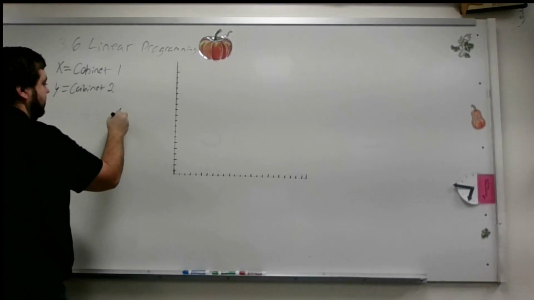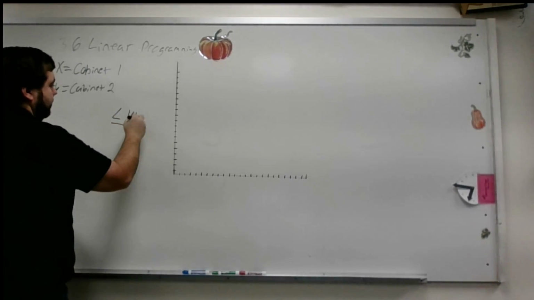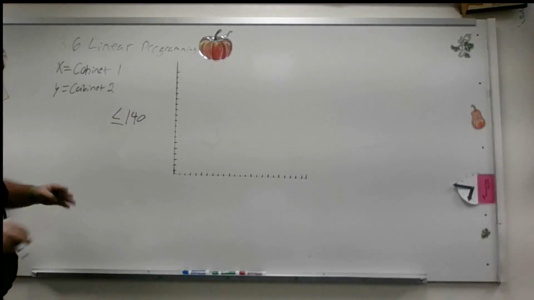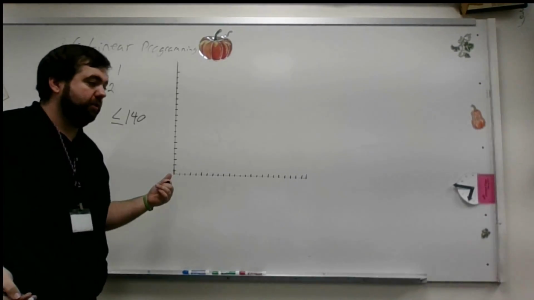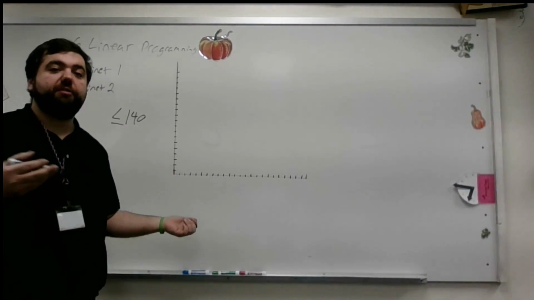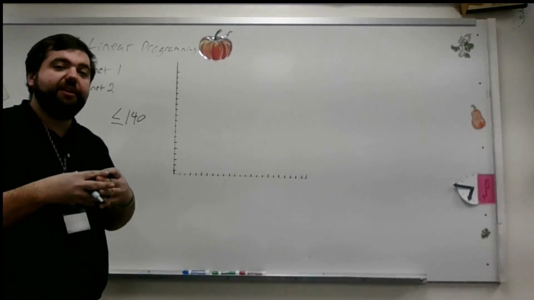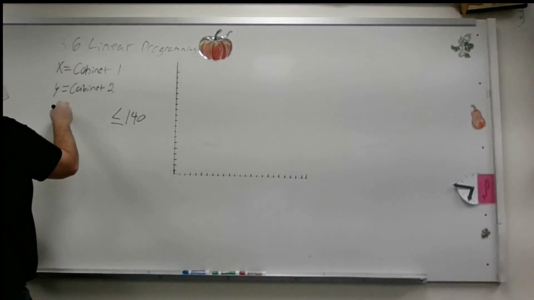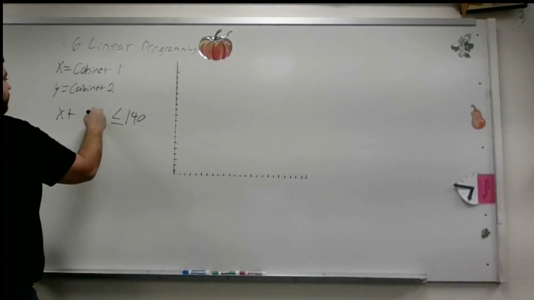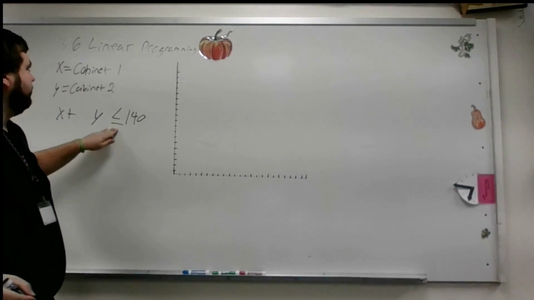So we have to say something needs to be less than or equal to 140. Well, the cost of cabinet X and the cost of cabinet Y added together needs to be less than 140. So I can say X plus Y less than 140.